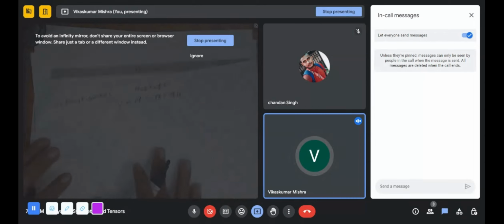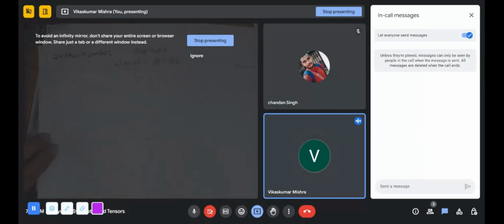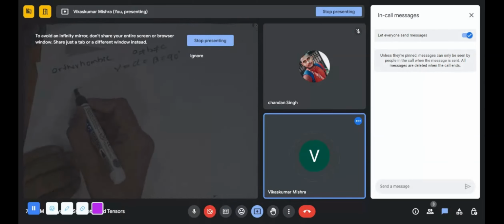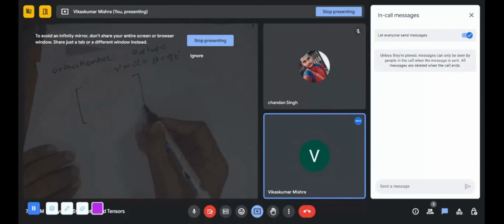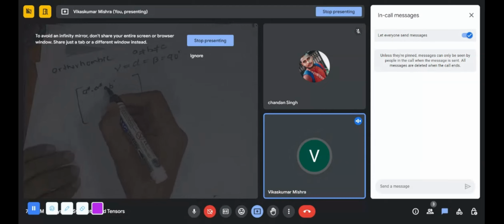The question is telling us to find the reciprocal metric tensor. That is, we need to find A star dot A star, A star dot B star, and A star dot C star, and so on and so forth.